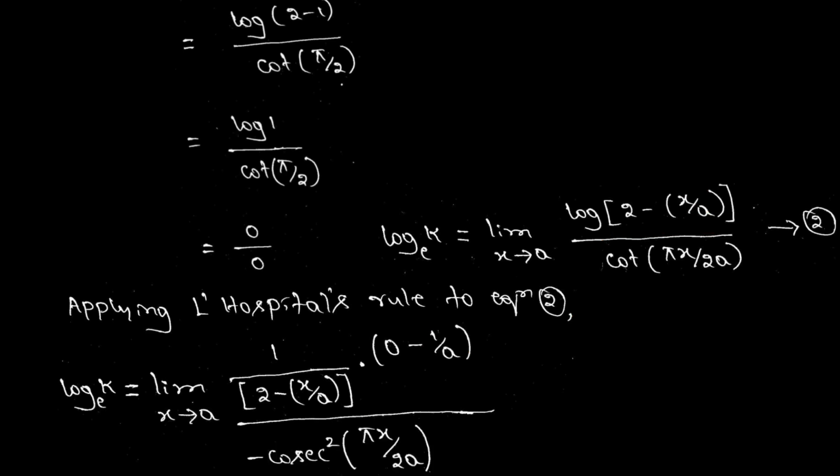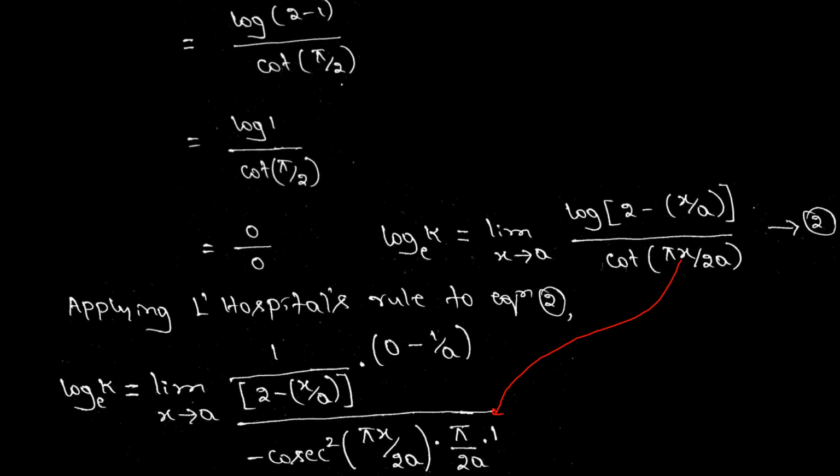First differentiation will give minus cosecant square of pi x by 2a, as differentiation of cot is minus cosecant square. Now let us differentiate this inside function pi x by 2a. Here pi divided by 2a is a constant, we have to keep as it is, and differentiation of x is 1.